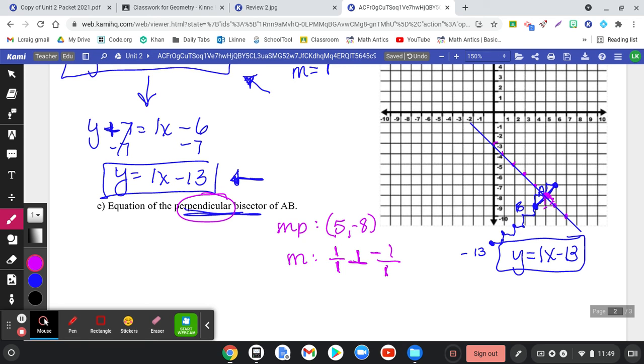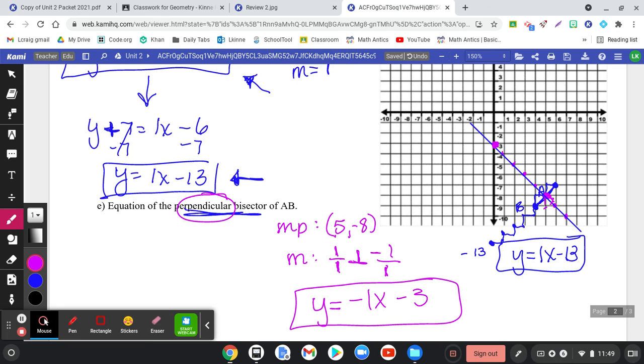And if you look at that equation, it's hitting the y-axis at -3. So the equation for that from the graph, in slope-intercept form, would be y equals -1x minus 3.